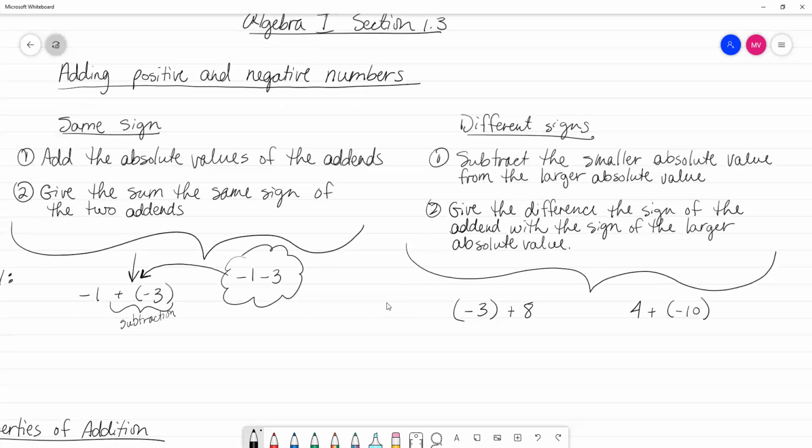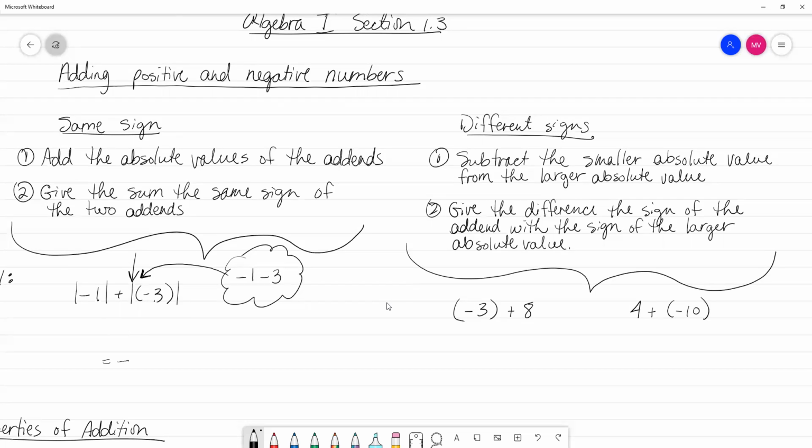Because when we see -1 plus -3, we need to first recognize that these two numbers have the same sign. Their sign is negative. So when we get to our answer, we know our answer is going to be negative. But what we want to do is add the absolute values of both of these add-ins. So I'm just going to go ahead and put my absolute value symbols in here, save myself some space.